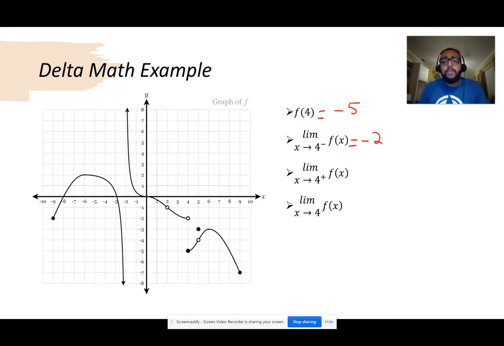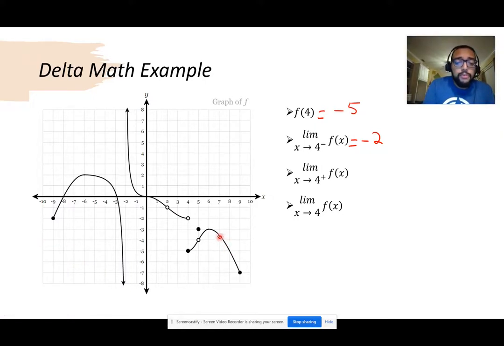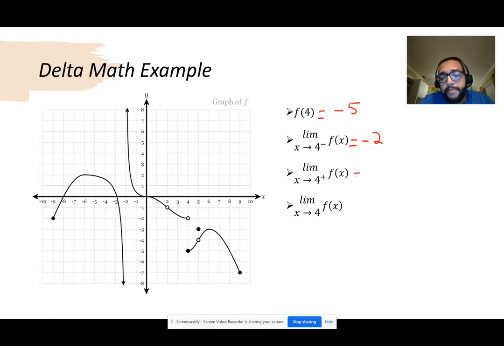Okay, what about if you're approaching from the right-hand side? So the values that are bigger than 4. As we approach 4 from the right-hand side, looks like we're getting closer and closer to negative 5. Uh-oh.